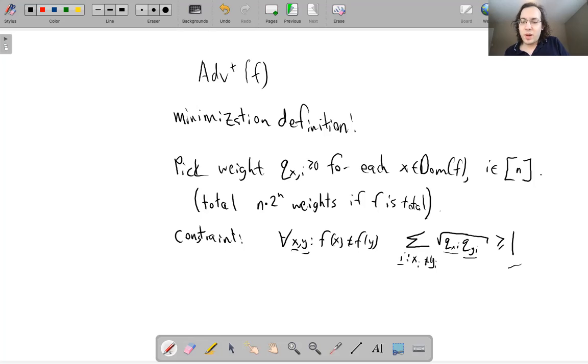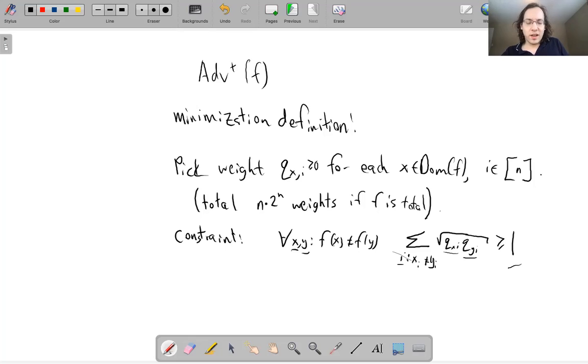If one of the two weights is 0, then this product will be 0. So you want to distinguish x from y, and you better put some weight on the bits where they disagree. Of course, you don't have to put weight on the bits where they agree. If we imagine the weights to be something like queries, then it doesn't help to query a place where x and y agree.